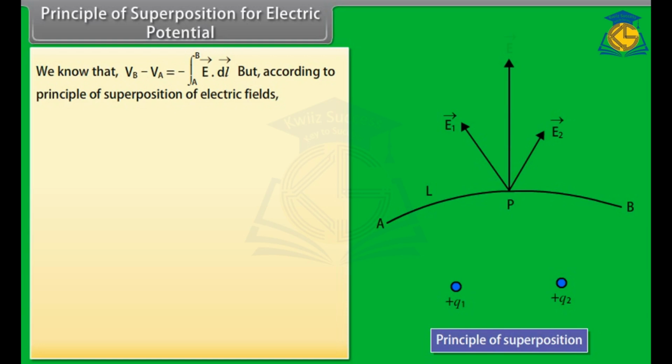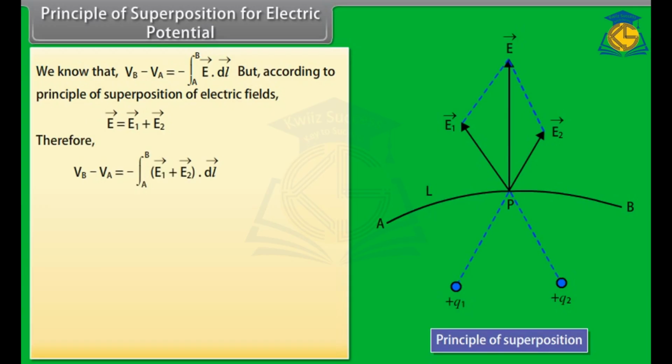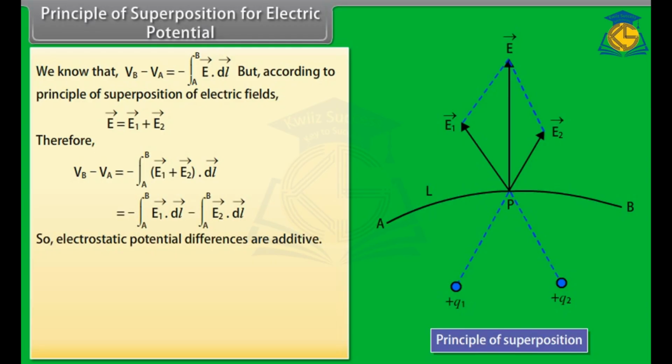But according to principle of superposition of electric fields, E vector is equal to E1 vector plus E2 vector. Therefore, VB minus VA is equal to minus integration from A to B of E1 vector plus E2 vector dot dl vector. So, electrostatic potential differences are additive.